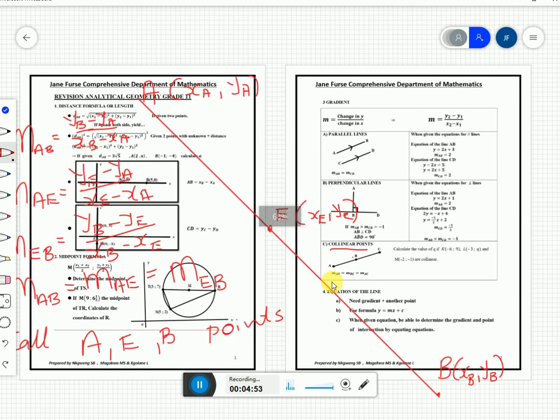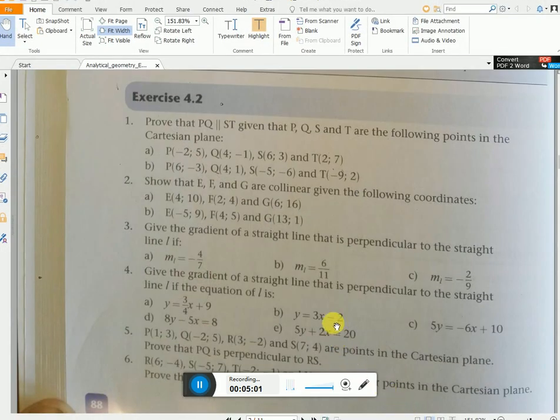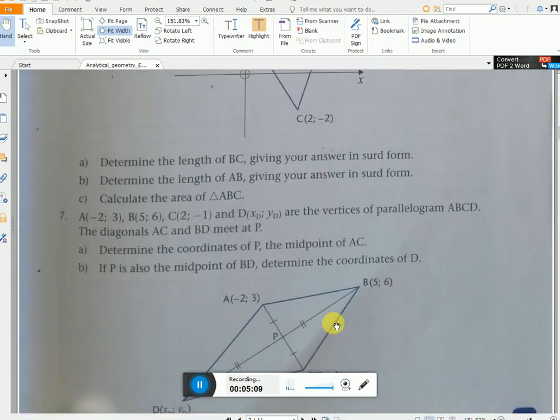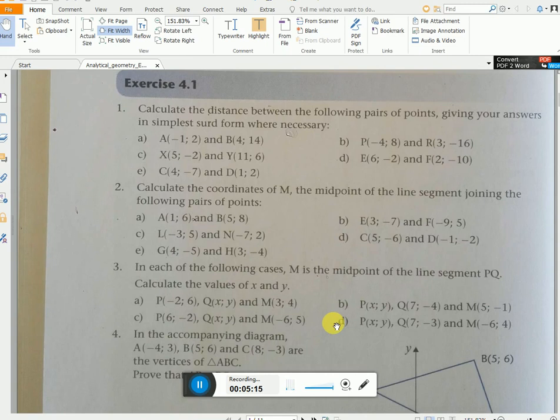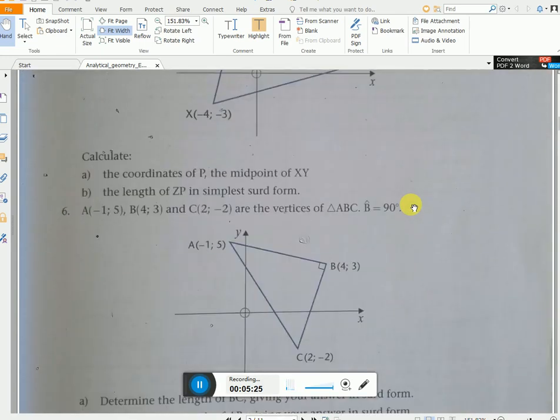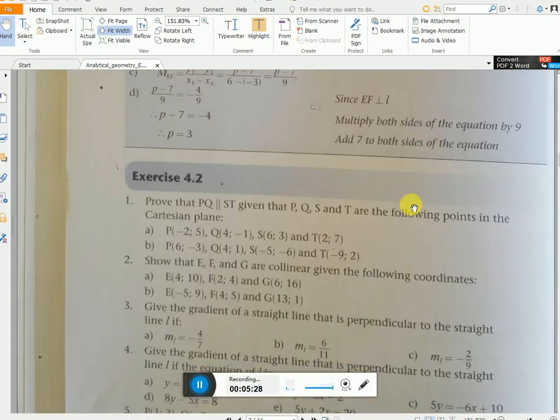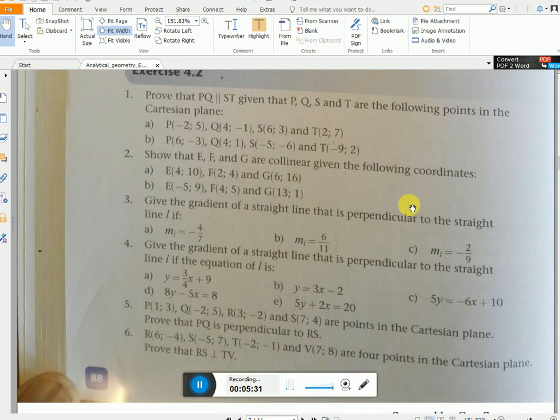Now, people, let us look at one of the exercises that you are given. Let's use 4.2.